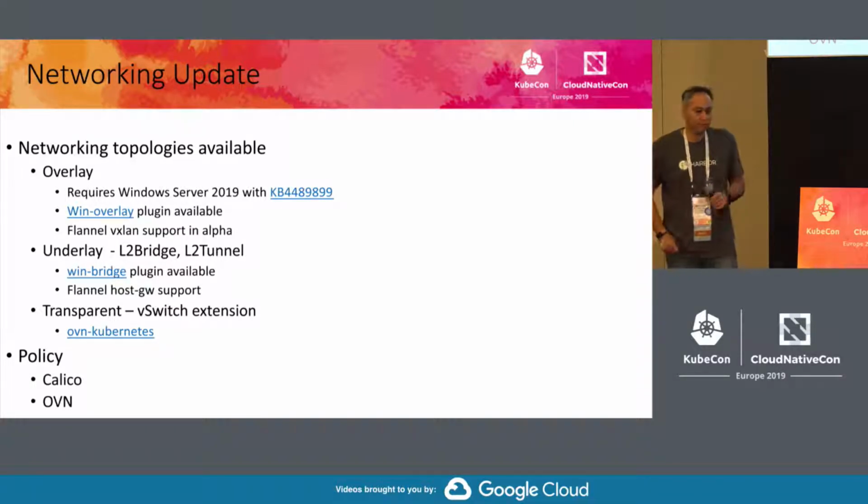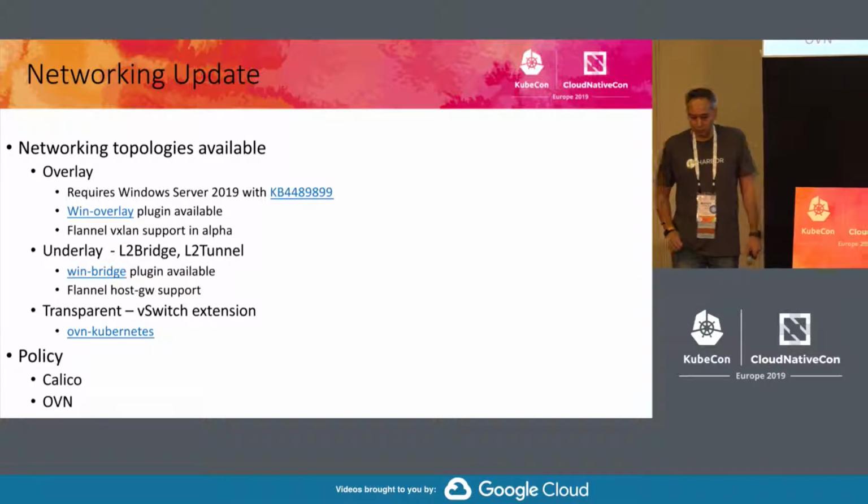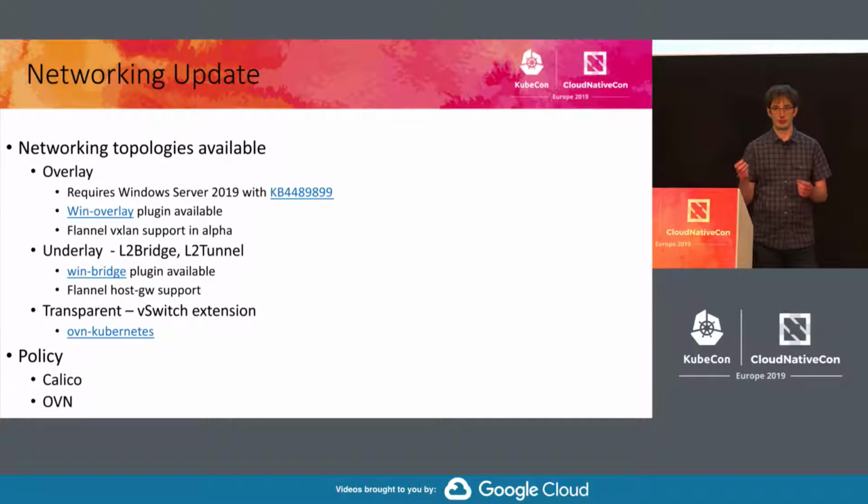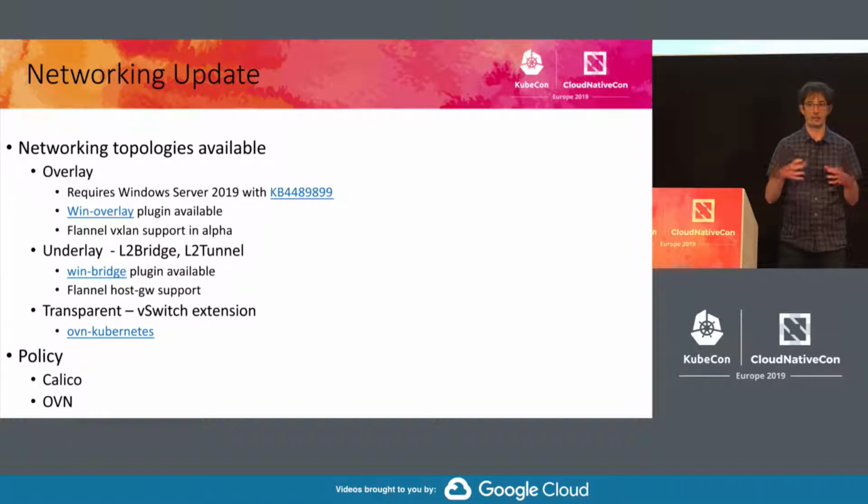Yeah. And then the mode similar to L2 bridge is one called L2 tunnel. If you've got a top of rack switch or some sort of network appliance running, you could actually program that to route all traffic for you. So instead of having to handle all the routing rules on the node, you could basically delegate that to something else.